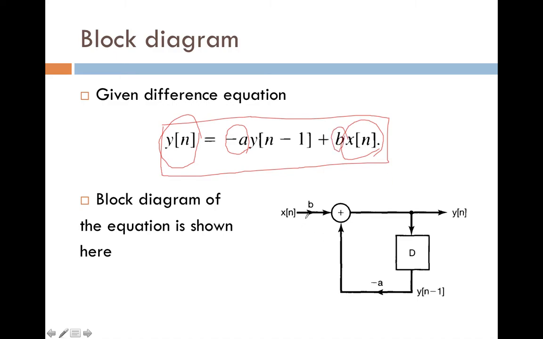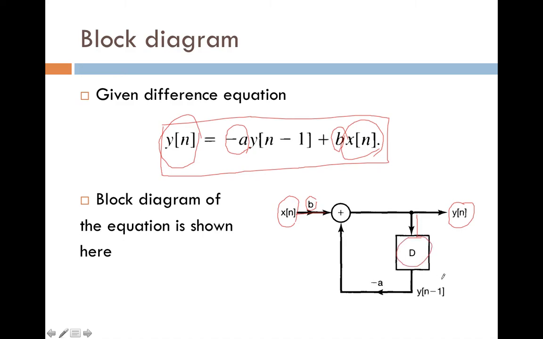Hence you just write x of n on the left hand side and y of n on the right hand side, and first you draw a multiplier line and represent a multiplication factor b. Now we require a delayed version of the output and also a multiplication factor minus a. Hence I'm going to take a line from the output, and also use a delay element.